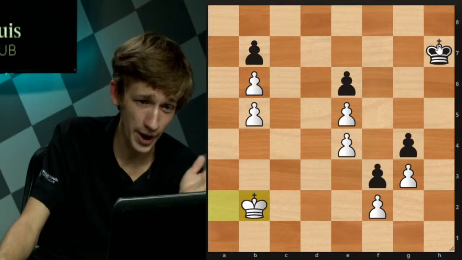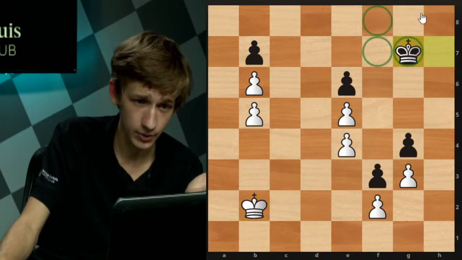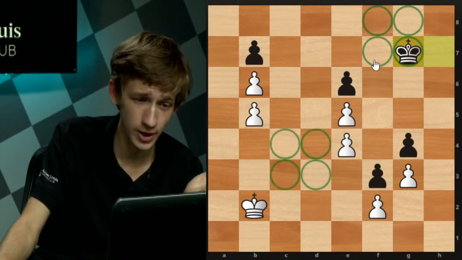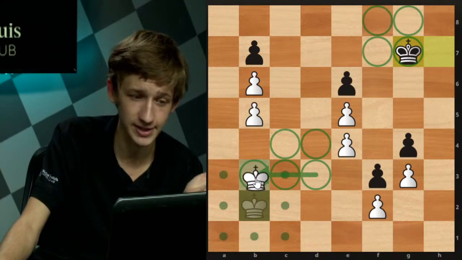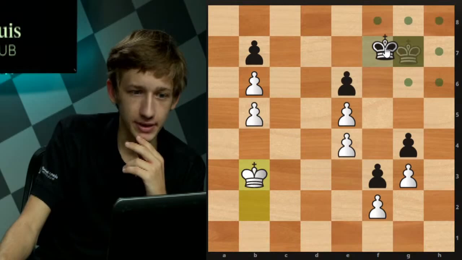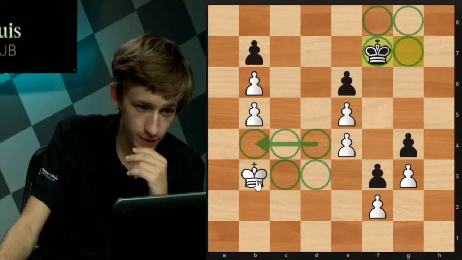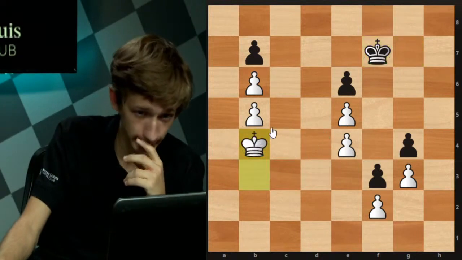Now, no matter where black steps, he steps to G7, for example. We have these 4 squares and these 4 squares. G7 corresponds to D3, so King B3 makes sense. Now we have something like King F7, for example. F7 corresponds to D4, so King B4 should be played.